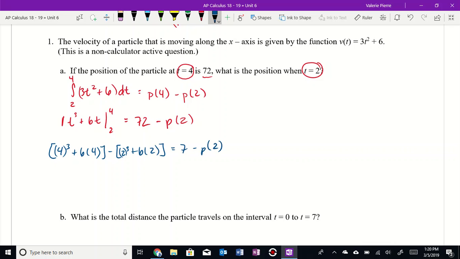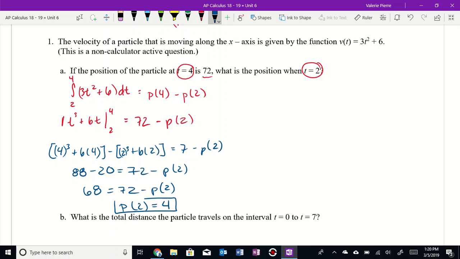Keeping in mind that we're looking for P of 2. So we have 88 minus 20 equals 72 minus P of 2. 68 equals 72 minus P of 2. So P of 2 is equal to 4.